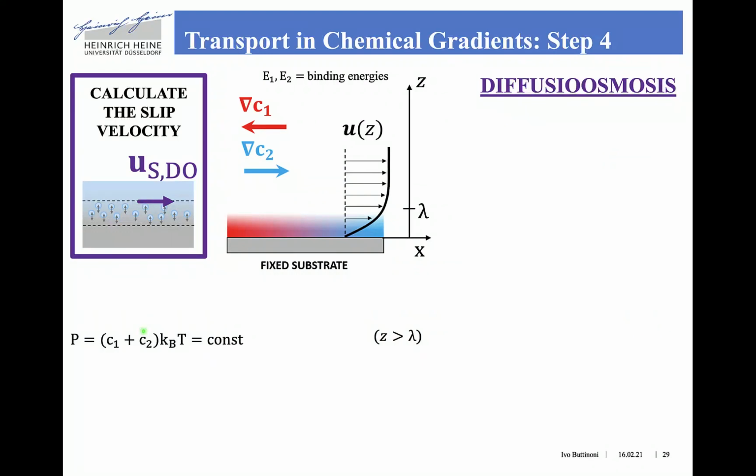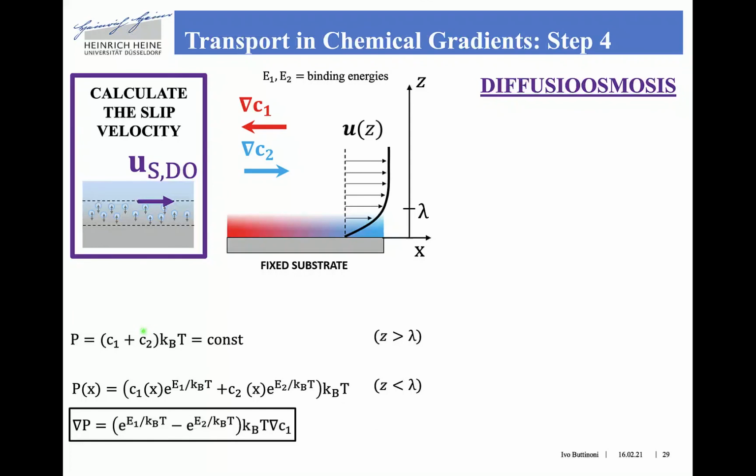On the other hand, if we are at distances that are smaller than lambda from the solid surface, then the interfacial layer feels a gradient of osmotic pressure, which is a function of the position x. And this gradient is given by the adsorption probability of the species 1 and 2, respectively.